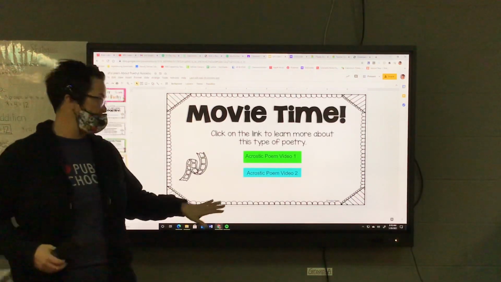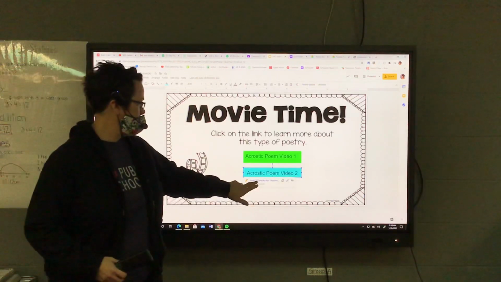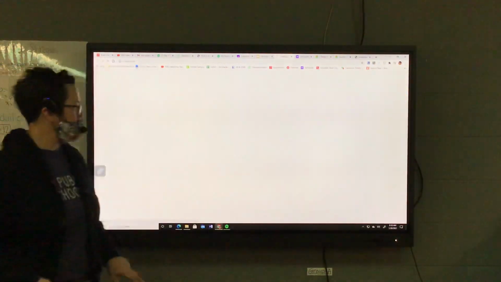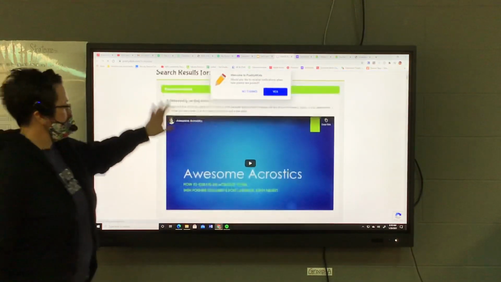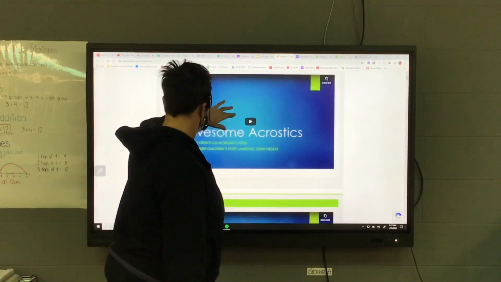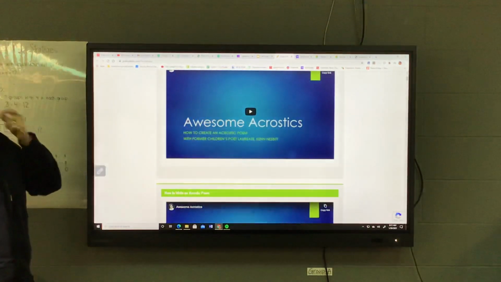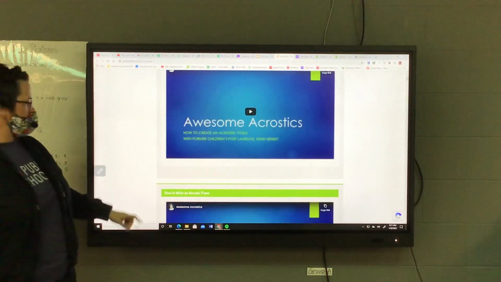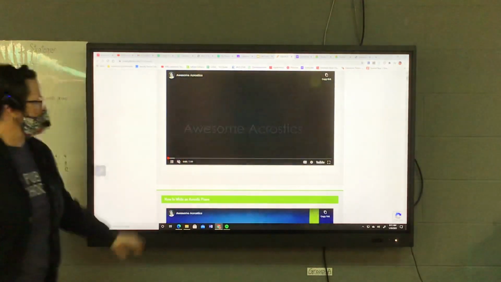No. There were two. So let's check the second one out. Okay, this says awesome acrostics. How to create an acrostic poem. We don't need to know that.